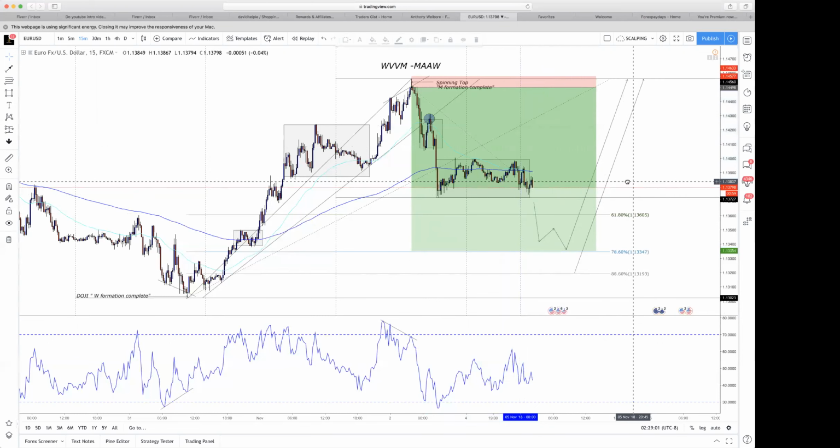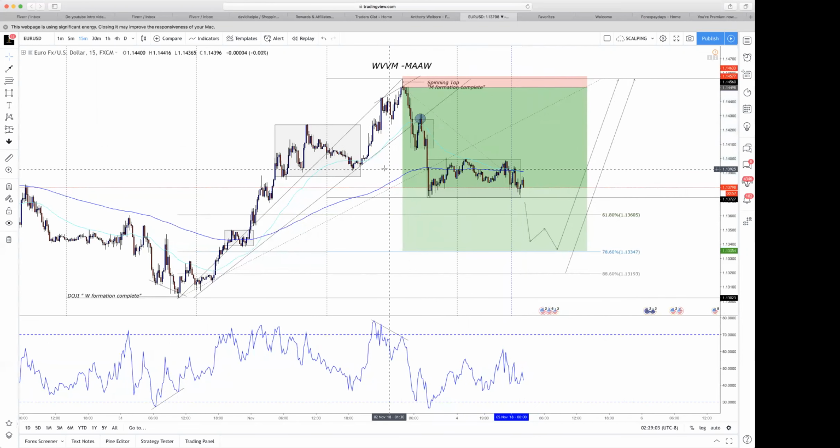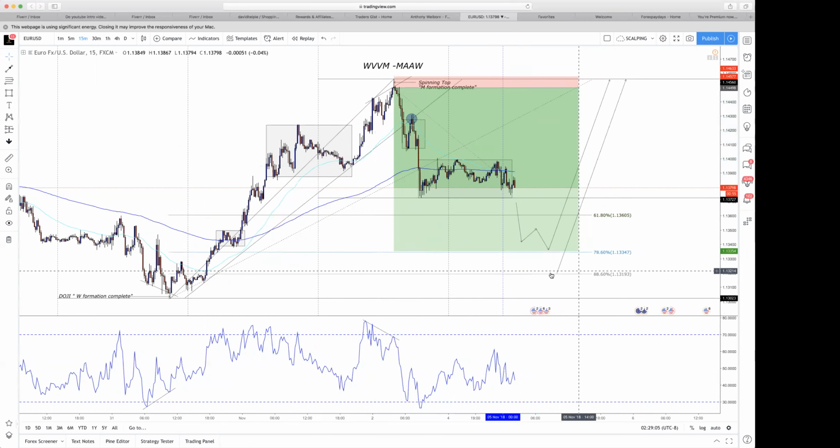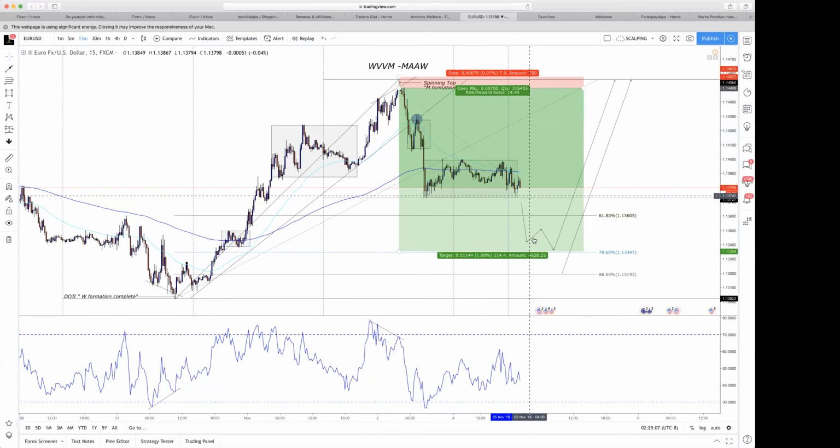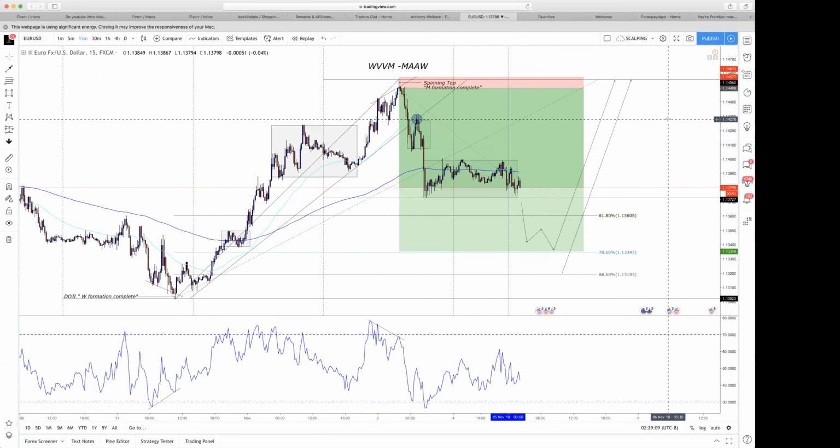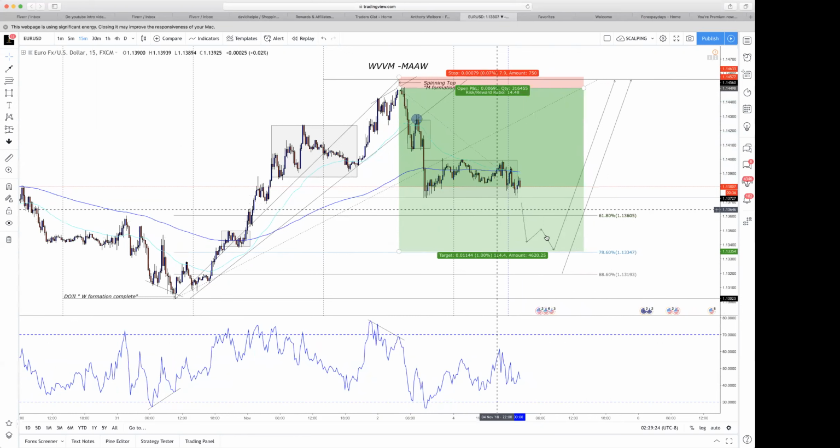So just keep that in mind, it's just a projection, but it all depends on the time frame, the timing, and the level count. The timings I kind of gave you guys already. It can be New York session today or London session tomorrow, but the W has to be weighted.